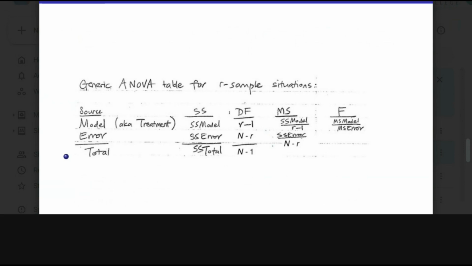I'm putting error because a lot of books use error. I don't personally like the word error because it makes it look like a mistake. It's not a mistake, it's unexplained. Error, residual, whatever. This one has n minus r degrees of freedom. So there's nothing new here. We have done this in previous classes already.